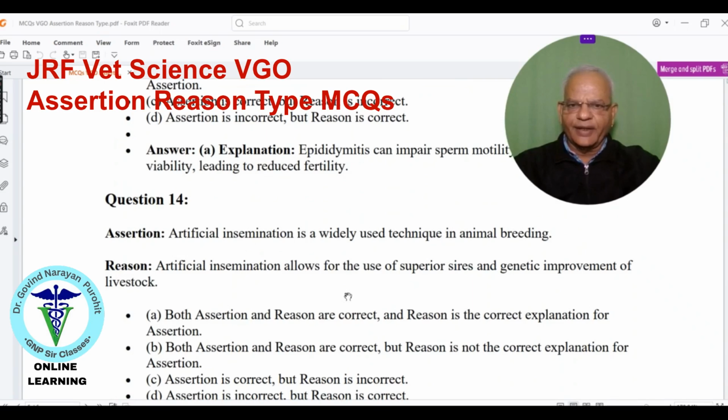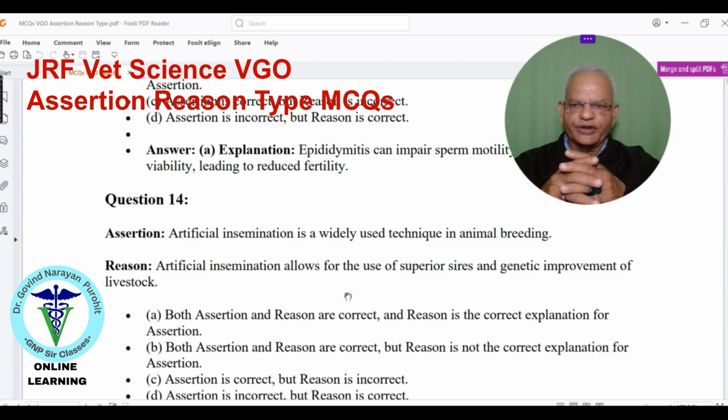Then the next question, artificial insemination is a widely used technique in animal breeding. Reason is artificial insemination allows for the use of superior sires and genetic improvement of livestock. You see, in veterinary science, artificial insemination is one of the most significant techniques which has allowed the use of superior sires and which has improved the milk production and improved the breeds at many places around the world.